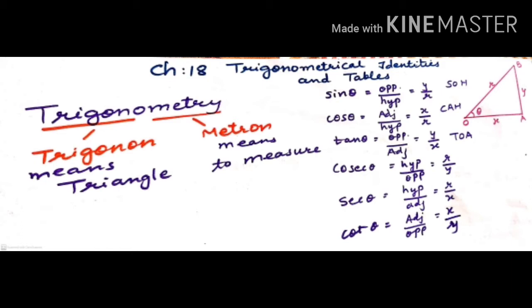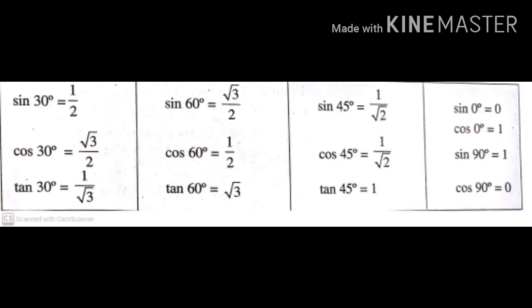Then sec theta is equal to hypotenuse upon adjacent, that is the reciprocal of cos theta, equal to r by x. And cot theta is equal to adjacent upon opposite, which is the reciprocal of tan, equal to x by y. You have to remember this, students, for a long time.